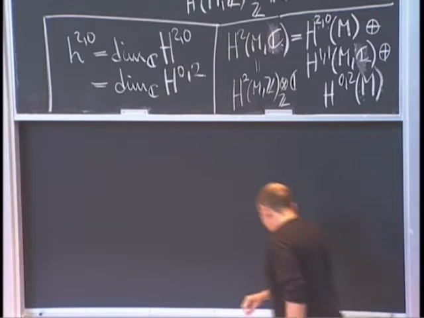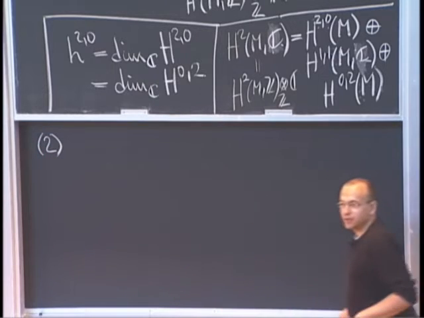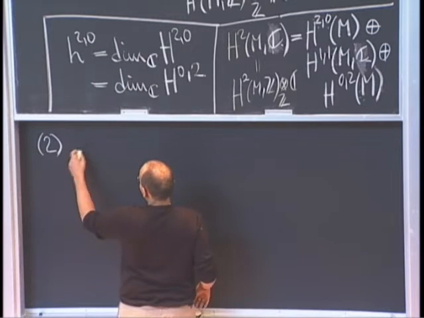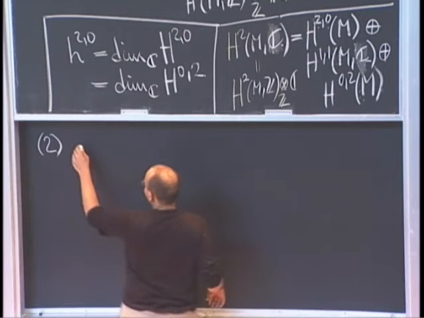Okay, second application is to complex tori. I'm just going to state the result. So you can imagine for complex tori, everything reduces to something you can state in terms of linear algebra.